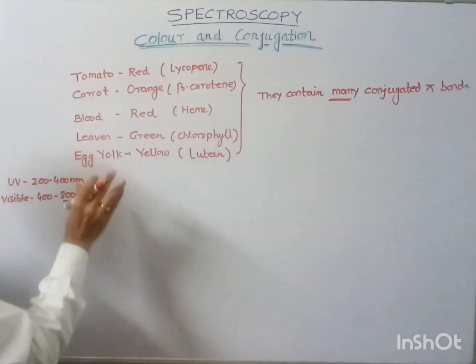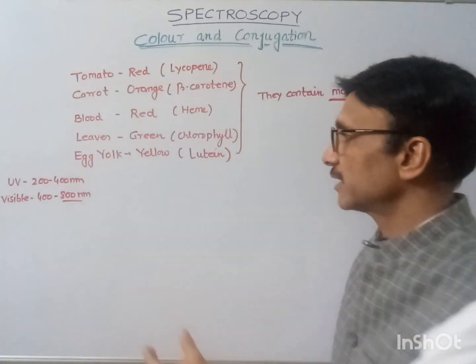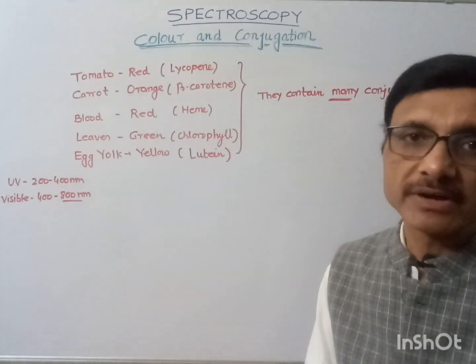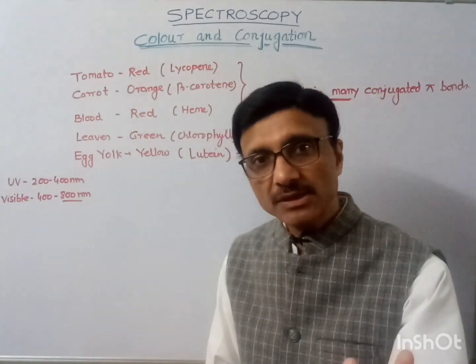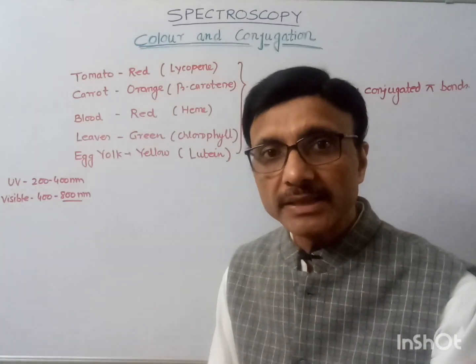They absorb visible light in the range 400 to 800 nanometer, and that's why they appear colored. As the wavelength increases, energy decreases.